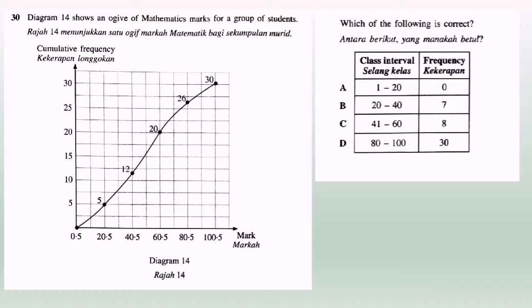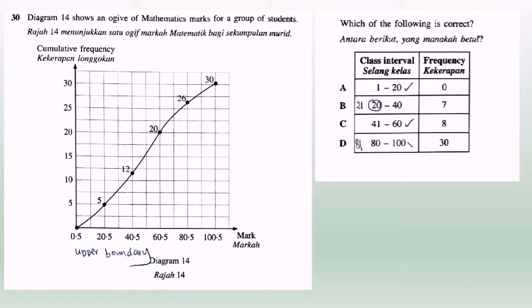Based on the x-axis here, this is the upper boundary. 1 to 20, so correct. 20 to 40, suppose 21 to 40, so this one is wrong. 41 to 60, correct. And 80 to 100 is wrong because it should be 81 to 100.